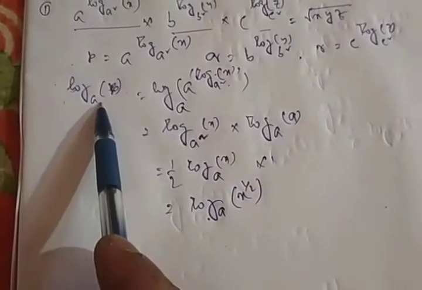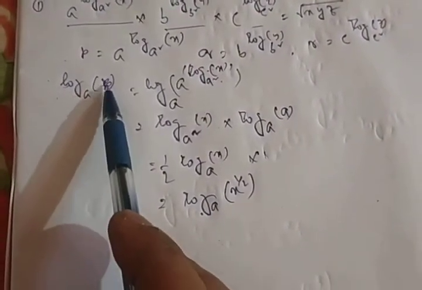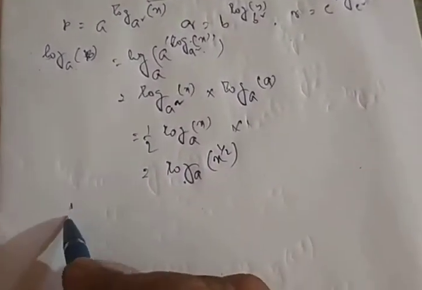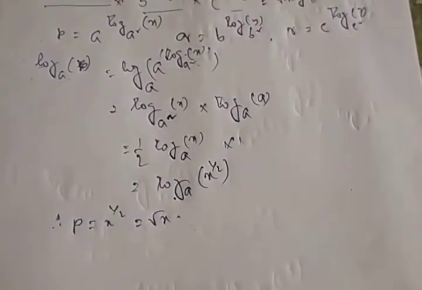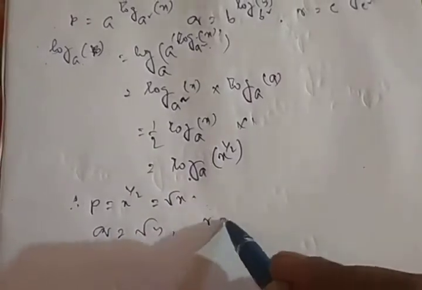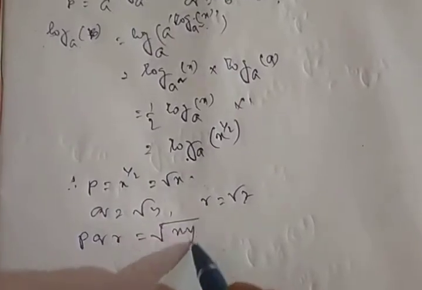Now both sides have log of base a, so p equals x to the power half, which is root x. Similarly we can find q equals root y, r equals root z. So pqr equals root under x, y, z, and this is the proof by putting p equals this, q equals this.